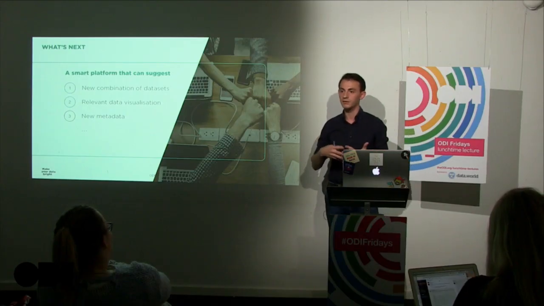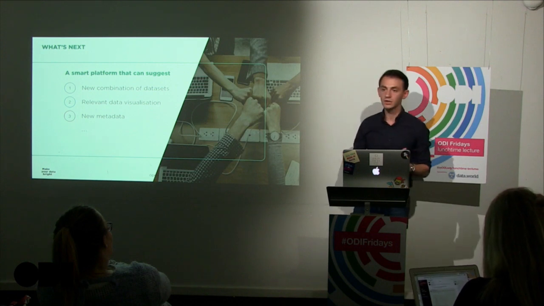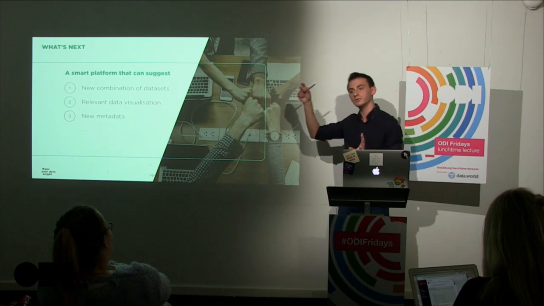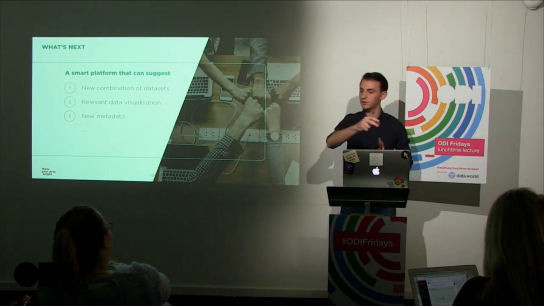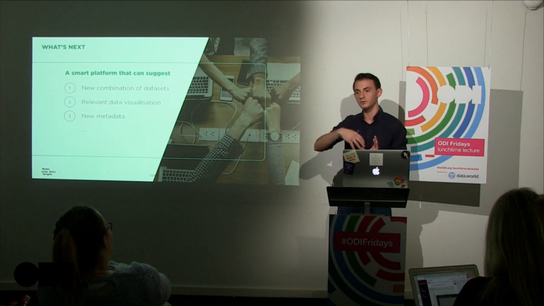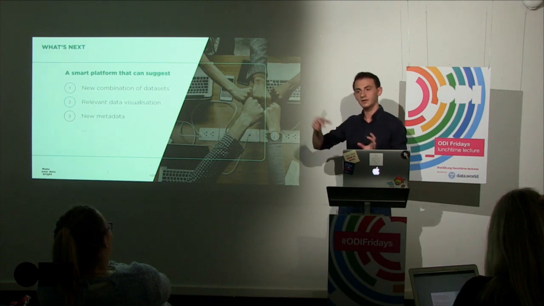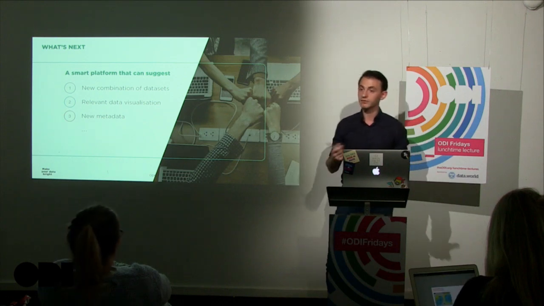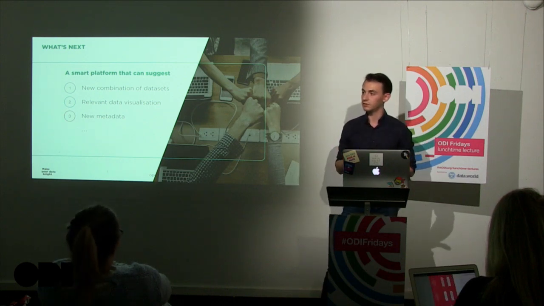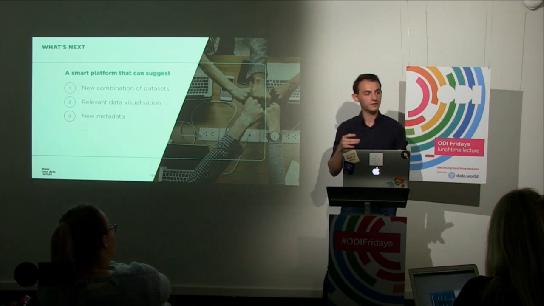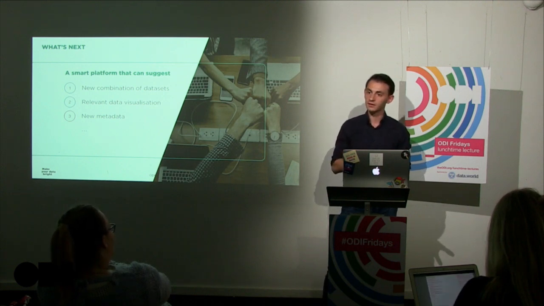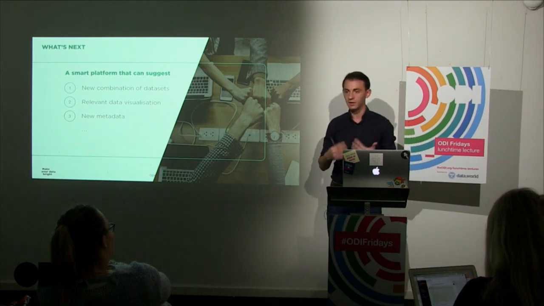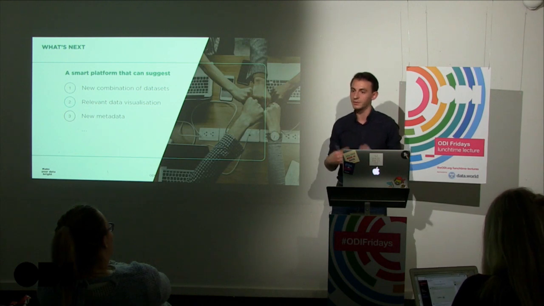For example, if a dataset contains country, it can automatically search for information about country in other datasets of the platform and suggest to the user to add some columns inside the dataset. It can generate relevant data visualizations because now the platform understands the meaning of the data. By looking at the vocabulary, it can suggest new data visualizations that are relevant for humans.